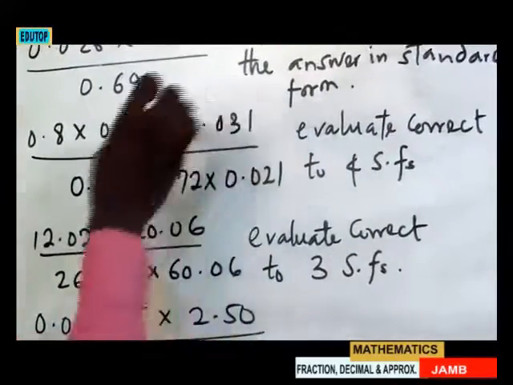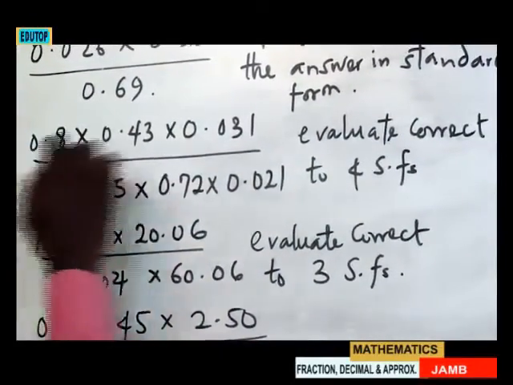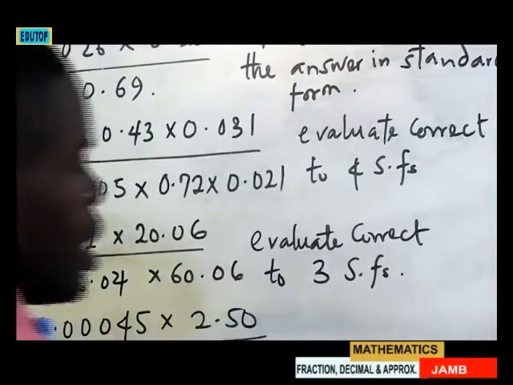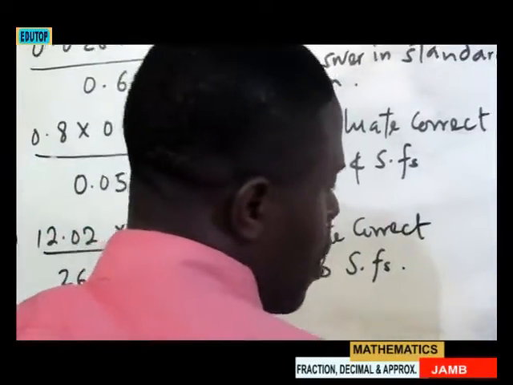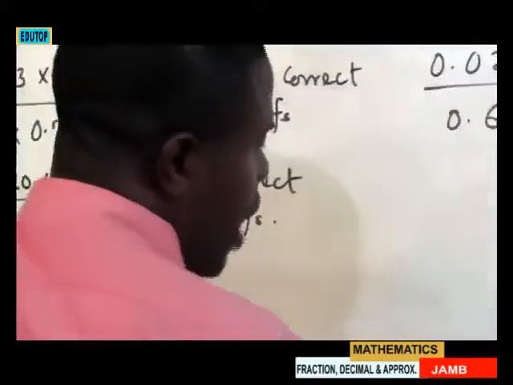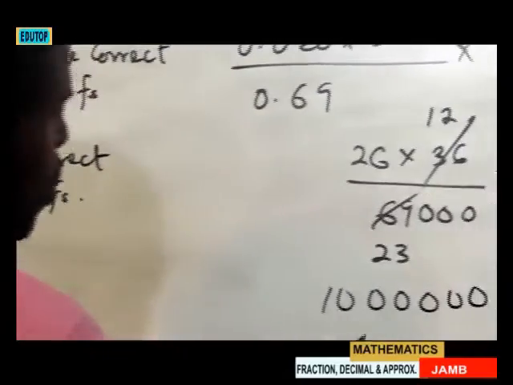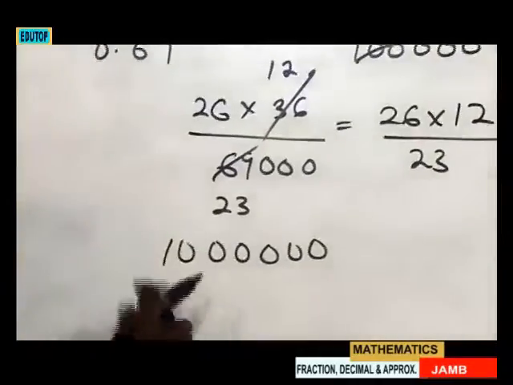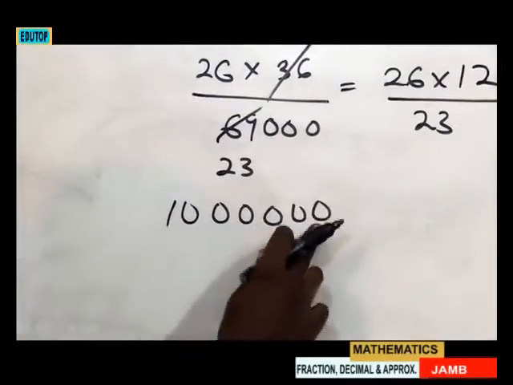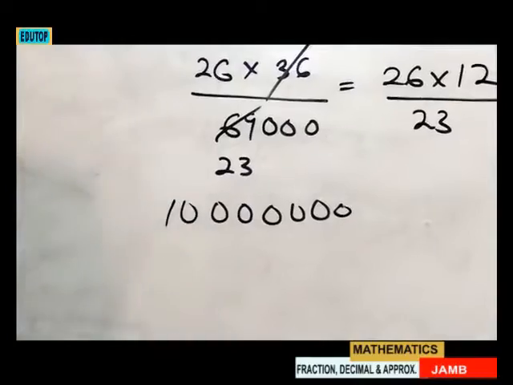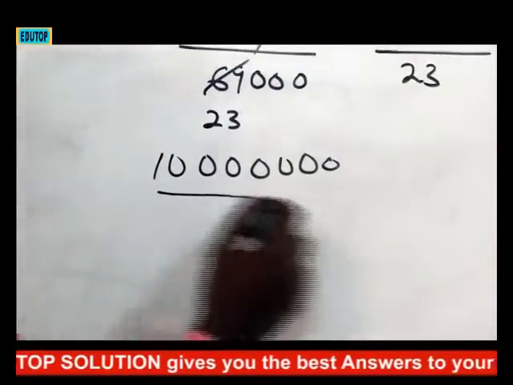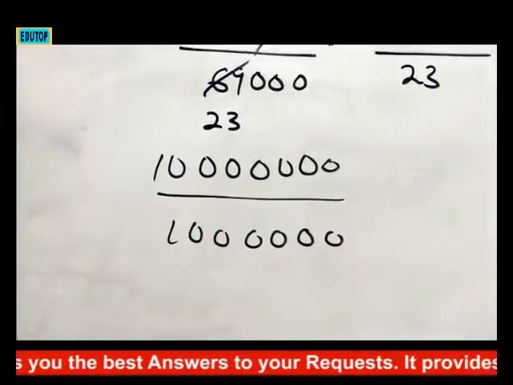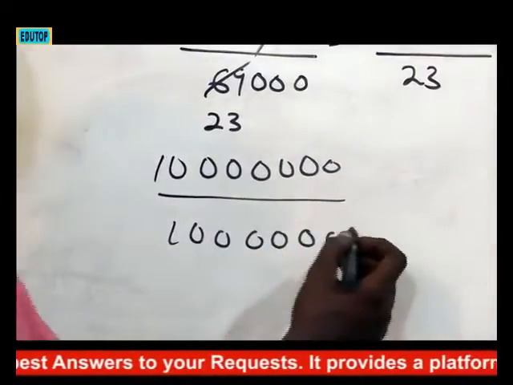So we use 7 zeros over 7 zeros too. The essence of doing this is to remove the decimal so that life can be easier for us.